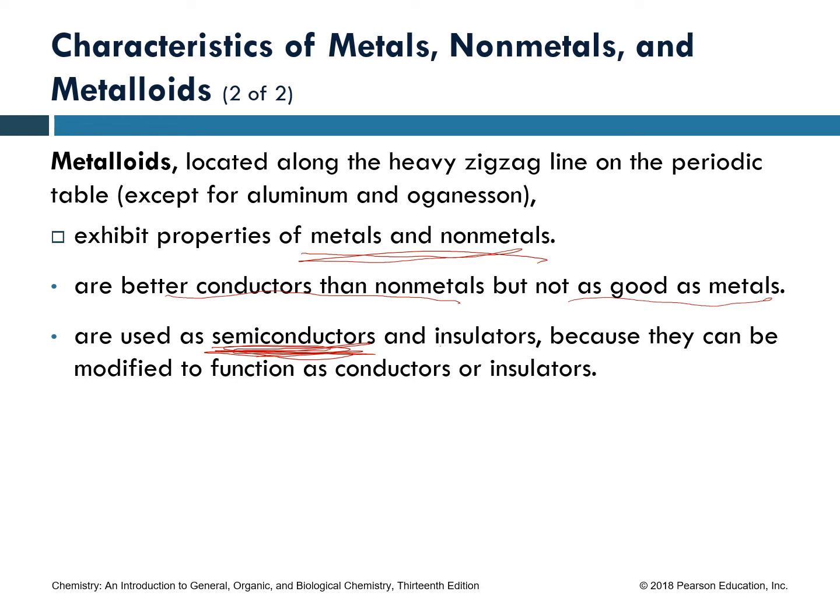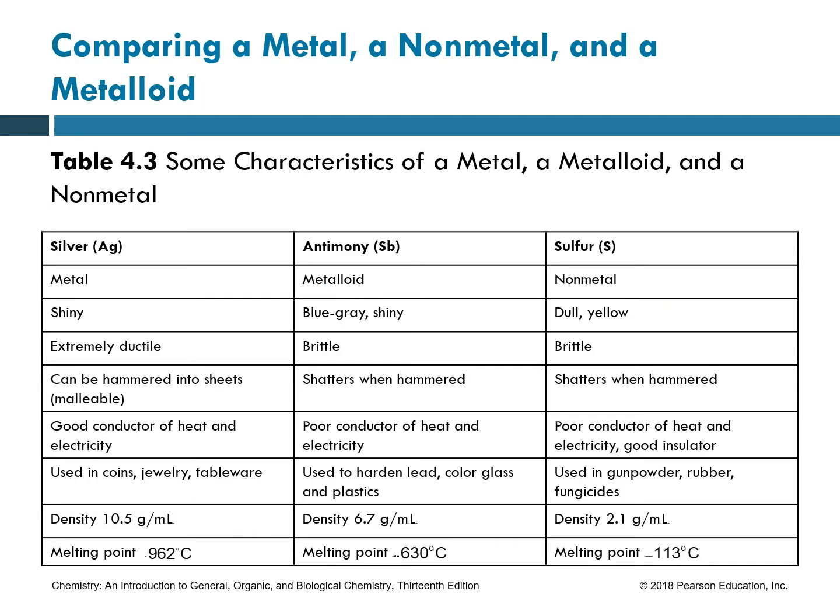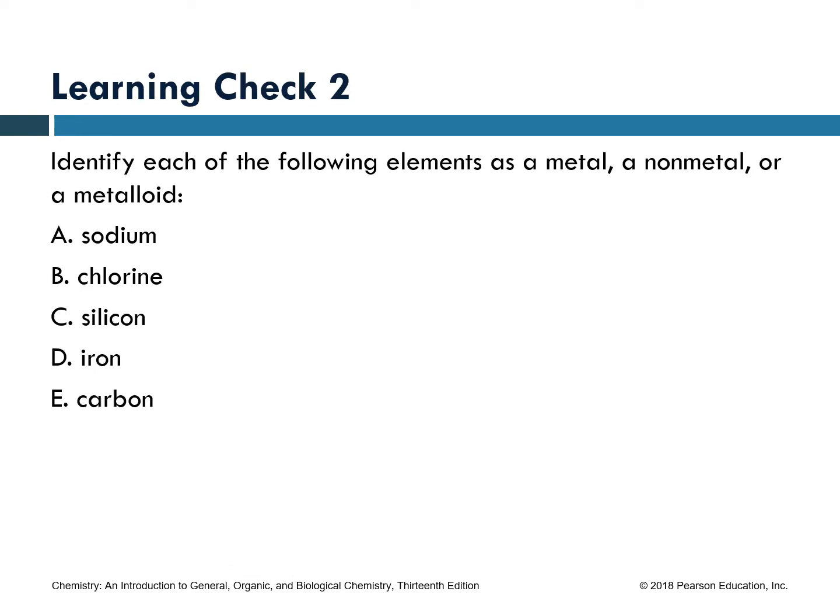And they are also very good insulators because, again, they are not as conducting as the metals, okay? So here you can see some of the properties of metals, non-metals, and a metalloid in between. You can compare their properties and see how metals, non-metals, and metalloids are different from each other.